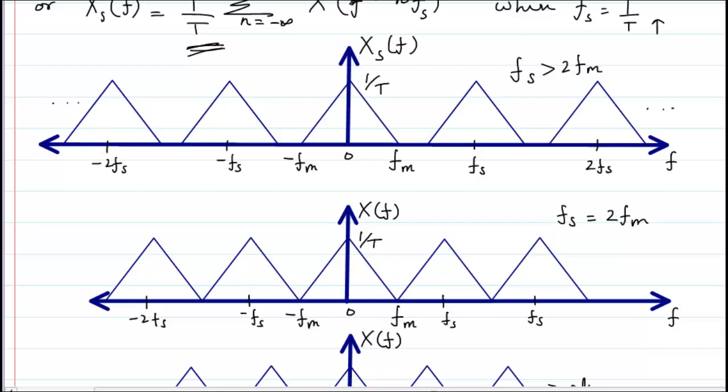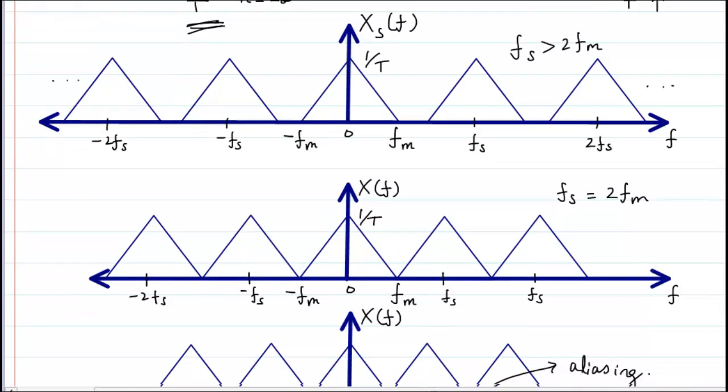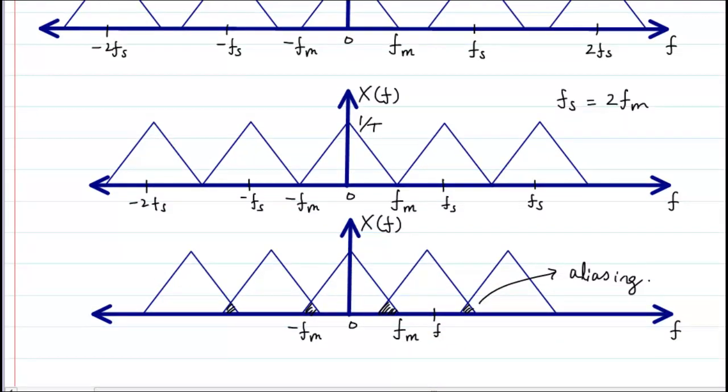Even in the other case the signal can be recovered if we are using an ideal filter, but in this case, wherein the value of Fs is less than twice Fm, we are not going to get the signal. Instead we are going to have a signal with an error, which is called the aliasing error.